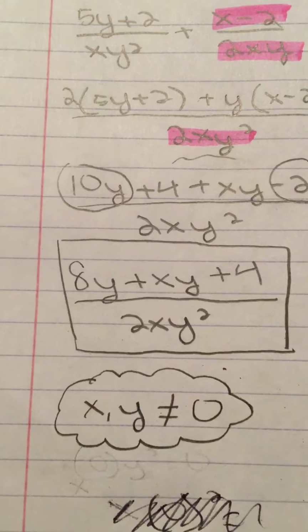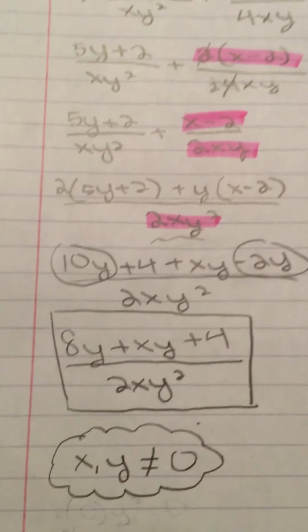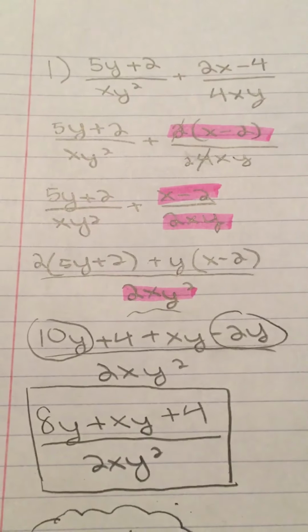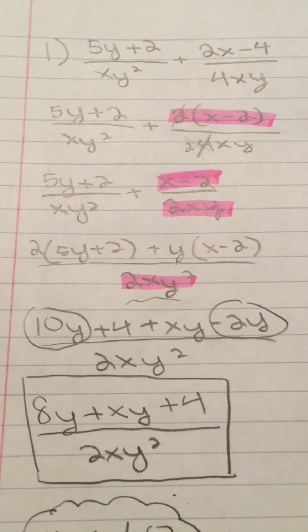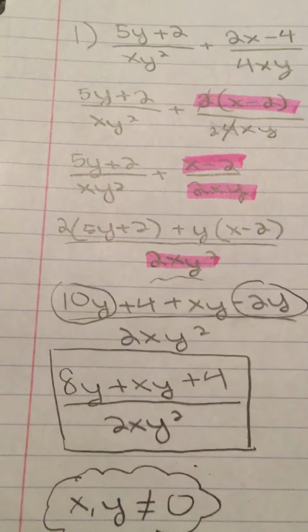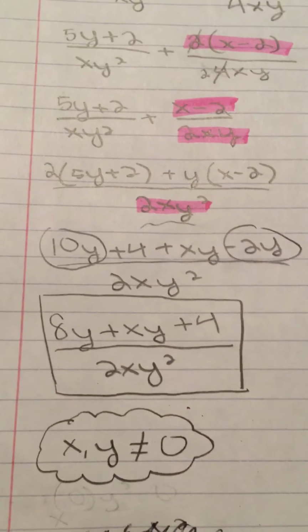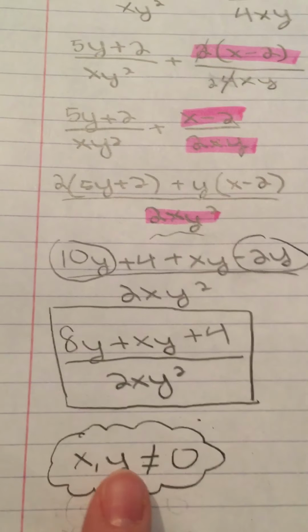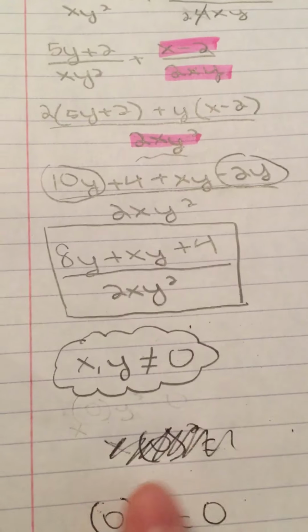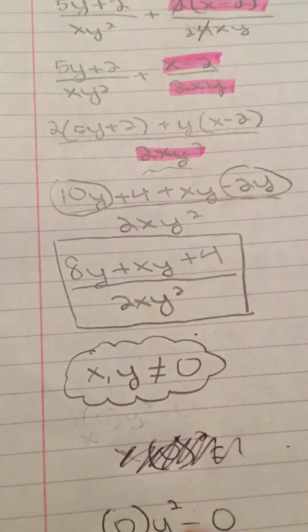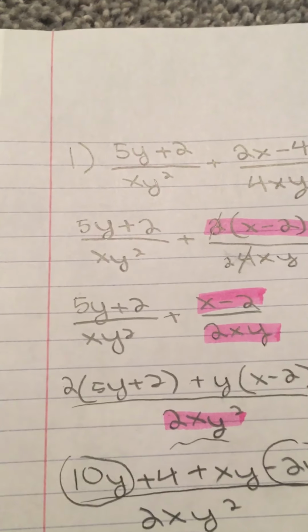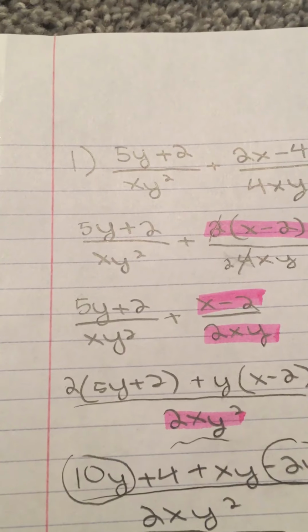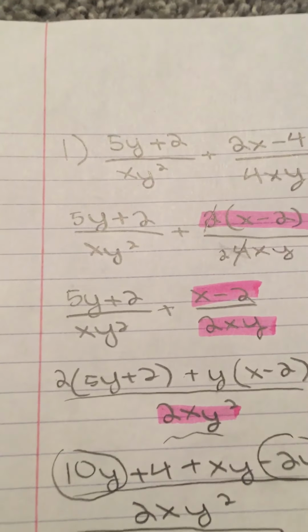And then when you get down to the restrictions, I've actually had some issues with finding restrictions. When we had homework, I've had to refer to the key a little bit for the restrictions because I'm not entirely sure how to do them. But I figured x and y can't equal 0, because I remember you told me that restrictions were when the values equal 0.